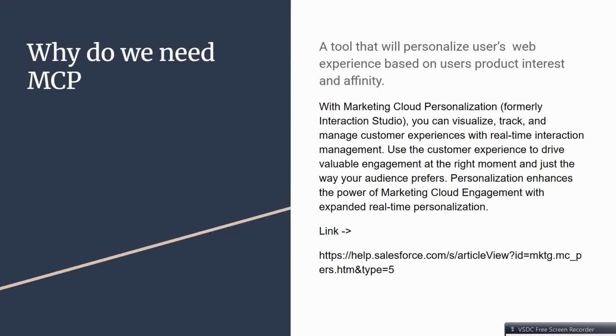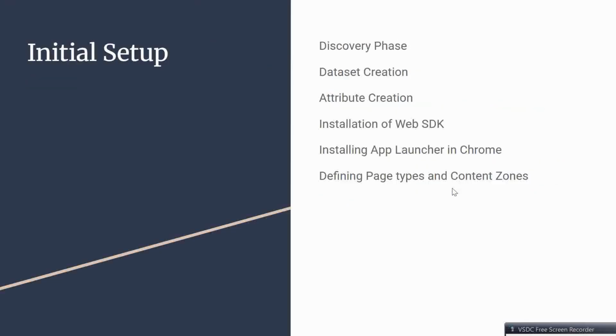We will see that this user is interested in Nike shoes, so we will put that user in a segment, Nike. When he comes into the website the next time, he will have a hero banner with Nike shoes, and that will be built using the campaign. That is how Marketing Cloud Personalization works.